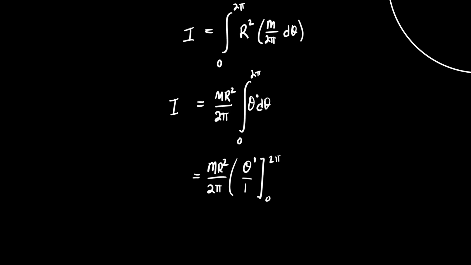So I've done the antiderivative, but this is an integral, so I have to apply my limits. So I put in my top limit first, and then subtract when putting in my bottom limit.